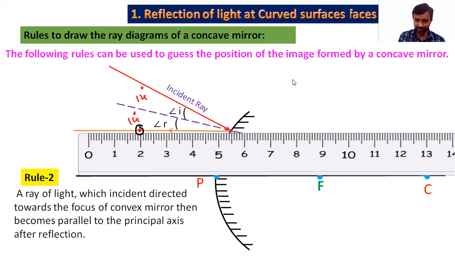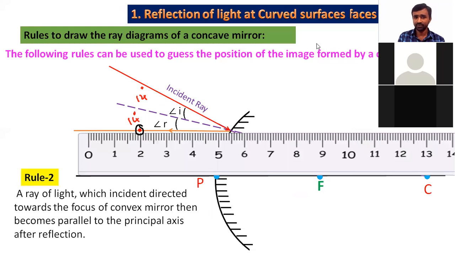Then look here. Is there any gap increased between the principal axis and the reflected light ray? Anyone? Is the gap increased between the reflected light ray and the principal axis? How is it looking? Are you in the meeting or not?